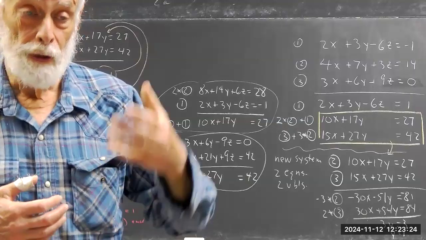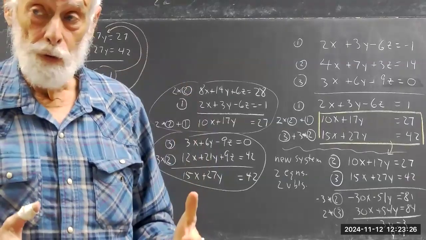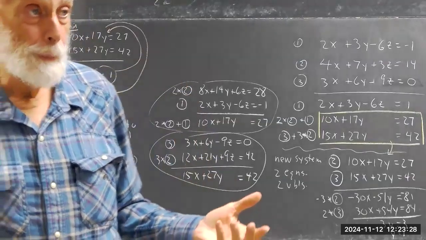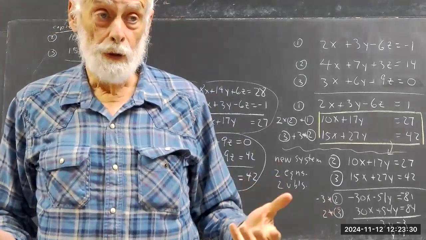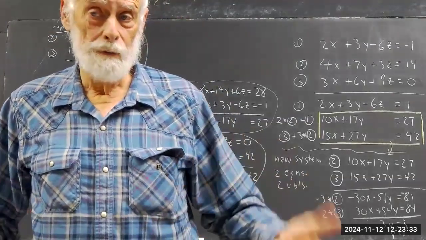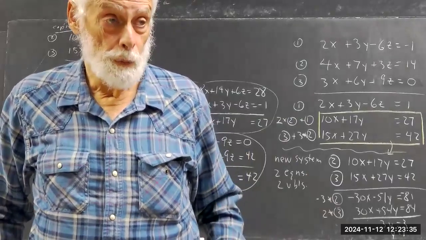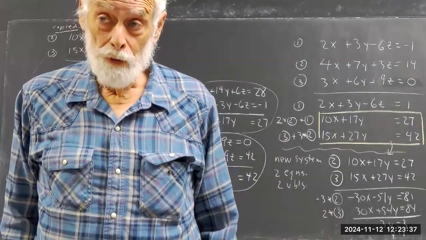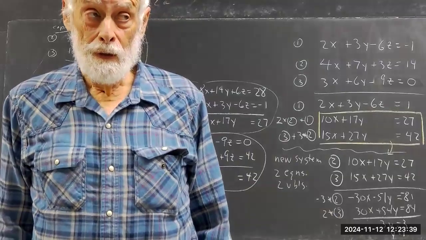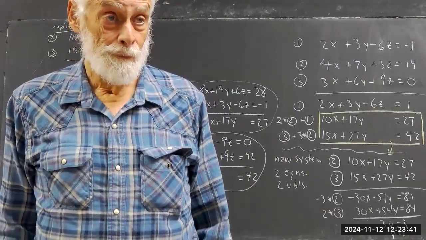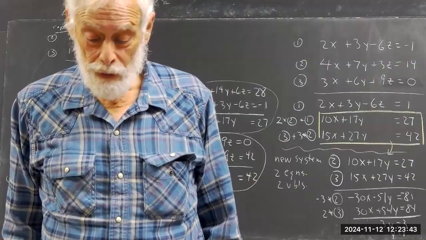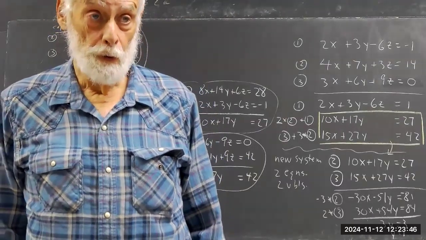So you can follow every step and get used to doing this. Somehow this gives people trouble. 3 equations, 3 unknowns, people have never done very well with that, so that's why I stress really organizing it. It makes it much easier to learn.